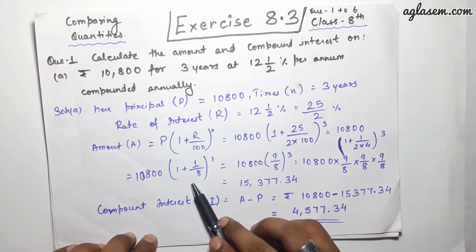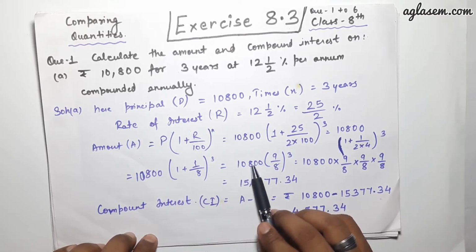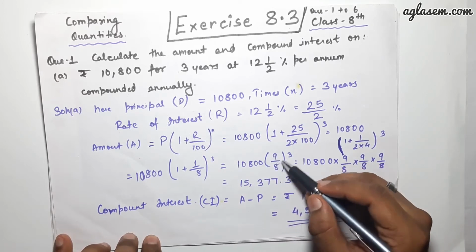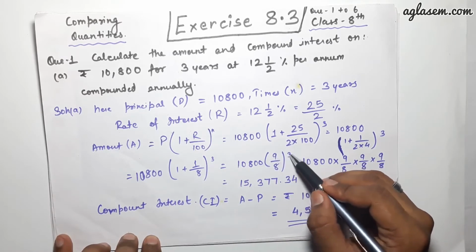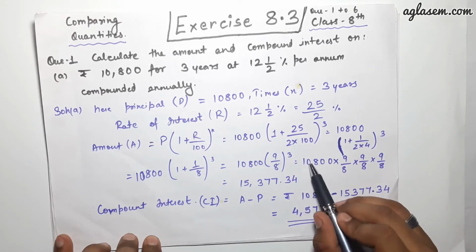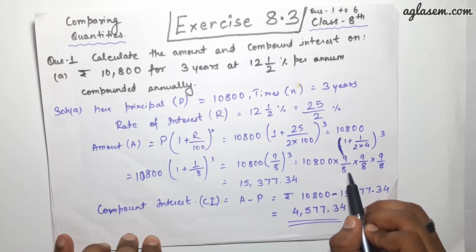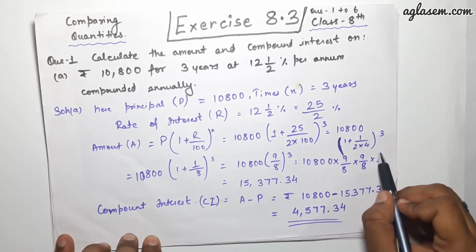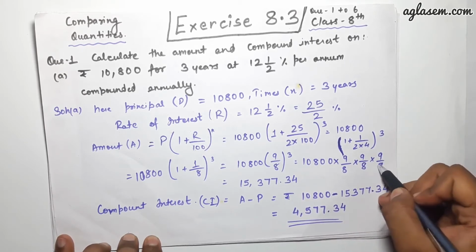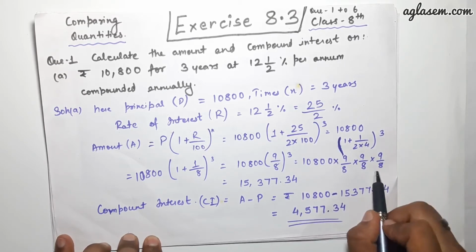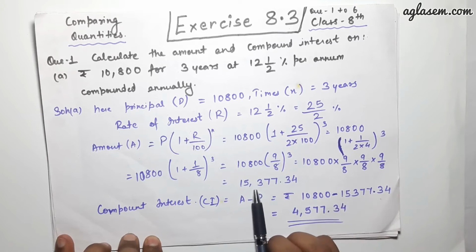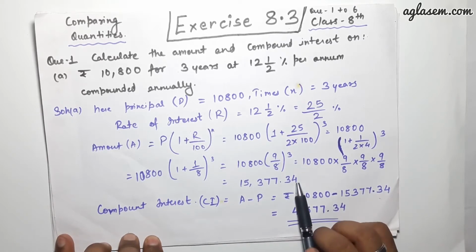After doing this we have to solve the next step, that is 10,800 into 9/8 to the power 3, equal to 10,800 into 9/8 into 9/8 into 9/8, because it's for 3 years. So after solving this we will get 15,377.34.